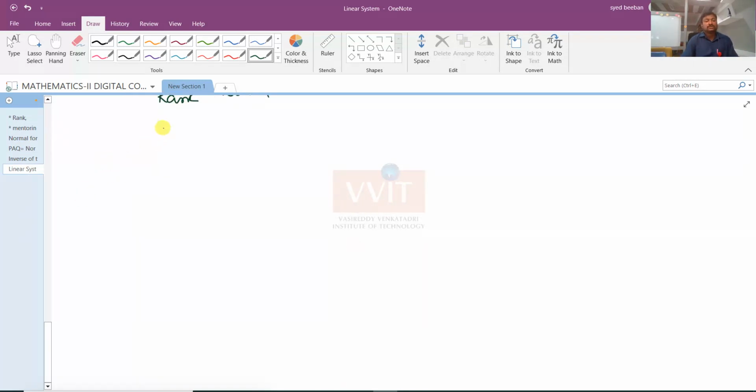Here, first I need to figure out what exactly A is, the coefficient matrix, and what exactly B is, the constant matrix. Then I write the augmented matrix: I take A, and in the last column I add B. Add means only appending. This is known as the augmented matrix.